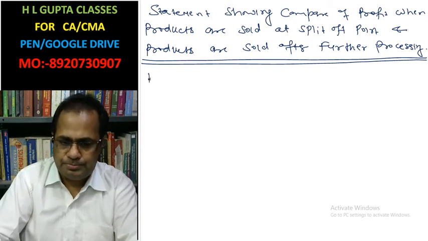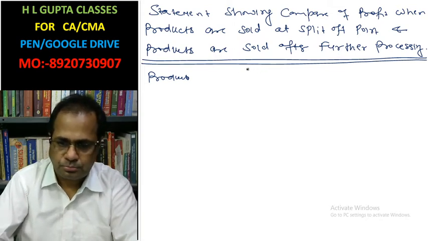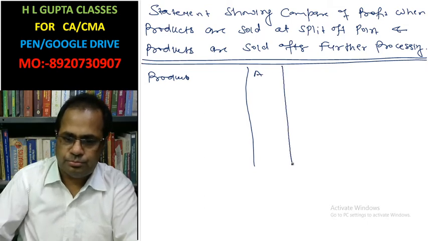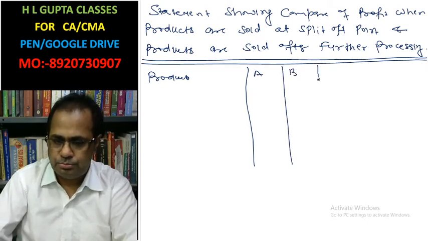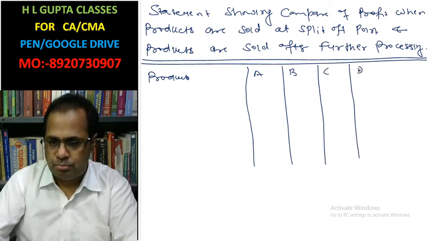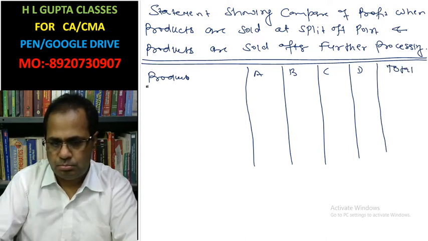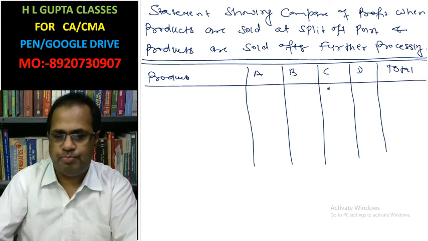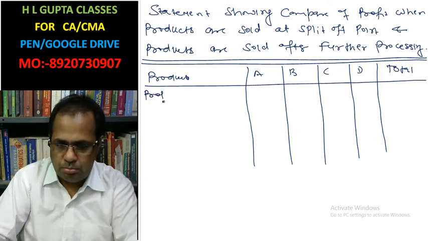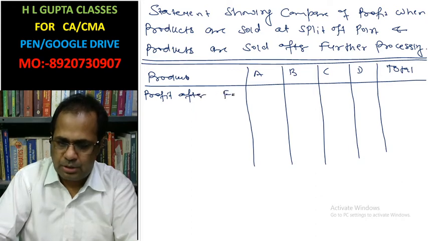Here products A, B, C, D. This is total. Profit after further process.